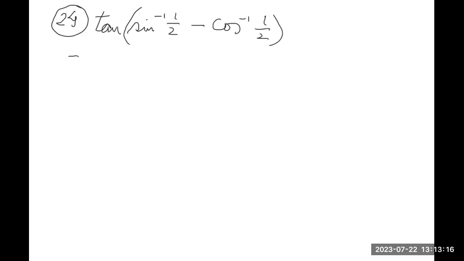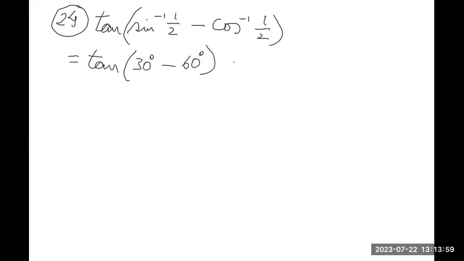Now, notice that both of the angles, sine inverse of 1/2 and cosine inverse of 1/2, are values of our special angle trigonometric functions. And we know that sine inverse of 1/2 is pi over 6 or 30 degrees, because sine 30 is 1/2. Also, cosine 60 is 1/2. So cosine inverse of 1/2 is 60 degrees.